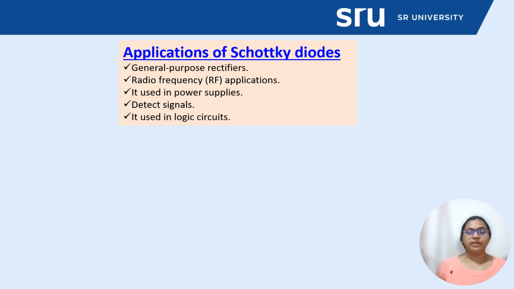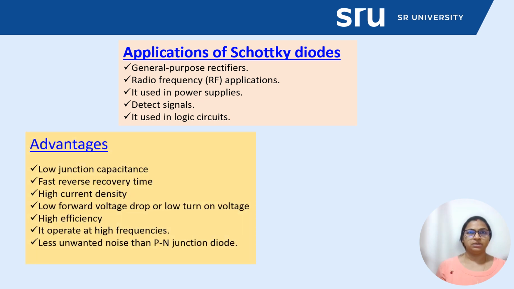It has various advantages like low junction capacitance, very fast recovery time, high current density, low forward voltage drop or low turn-on voltage, and high efficiency. It operates at high frequency and also has less unwanted noise than PN junction diodes. So these are the various advantages and applications of the Schottky diode.